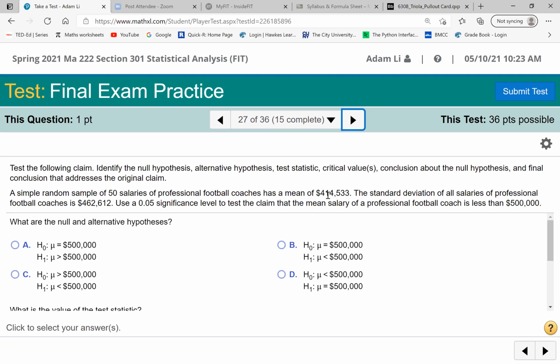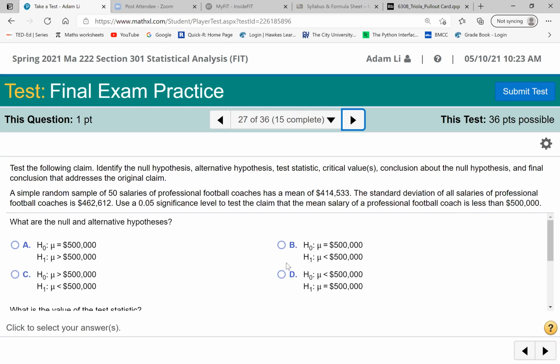To test a claim that the mean salary of professional football coaches is less than 500,000. This is less than, there's no equal sign. So this has to be the alternative hypothesis. So mu less than 500,000, that's the alternative hypothesis. Okay, and then only two options match that, right?